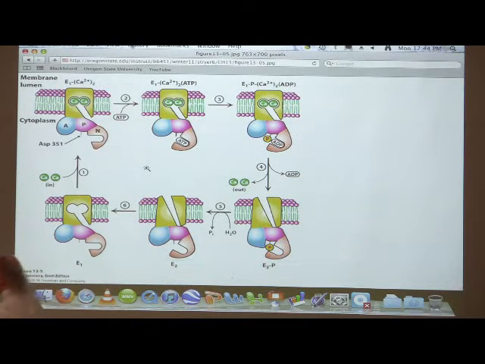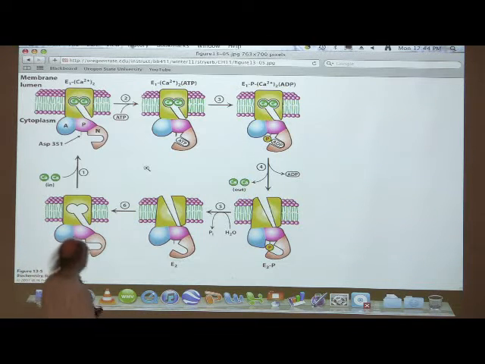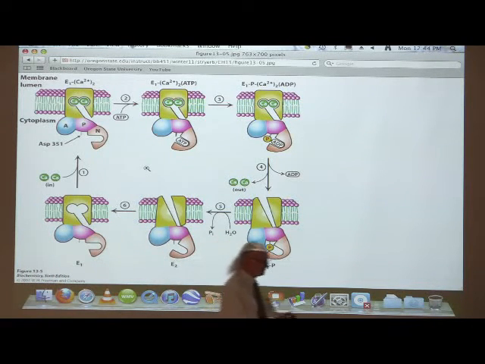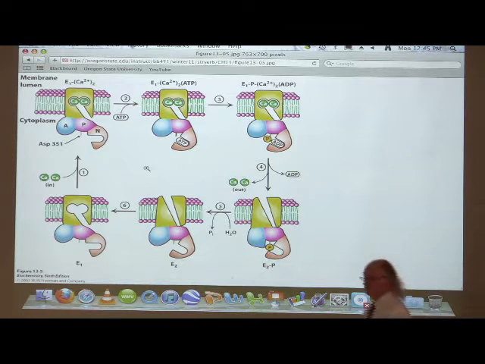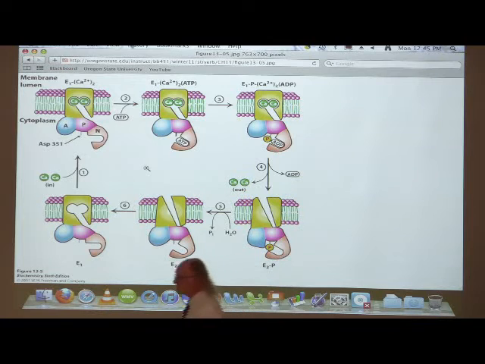Okay. Well, let's look at the steps in this process. It looks kind of complicated. It's not bad. Here's the transporter. It's embedded in the membrane. Okay? This transporter that I'm getting ready to describe to you is a calcium transporter. It's called a calcium ATPase. And this transporter is very important in the sarcoplasmic reticulum of muscle cells. If you remember from last term, the sarcoplasmic reticulum is where calcium is stored so that it's not accumulating in the cytoplasm.